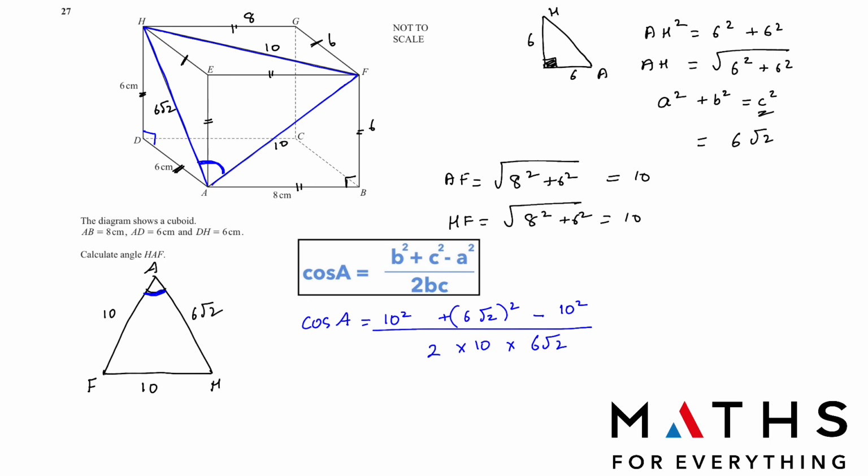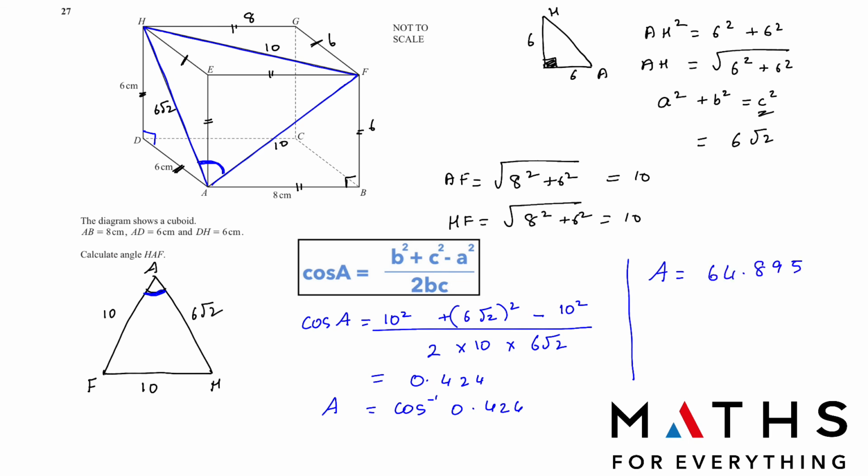You can put this whole thing in the calculator and you will get 0.424. So angle A will be cos inverse 0.424. That will give us A is equal to 64.895.